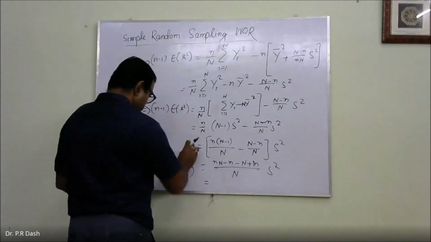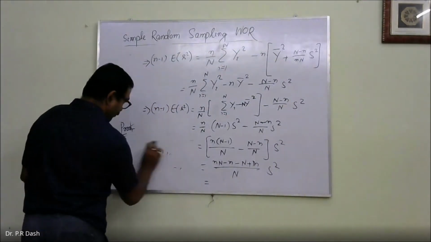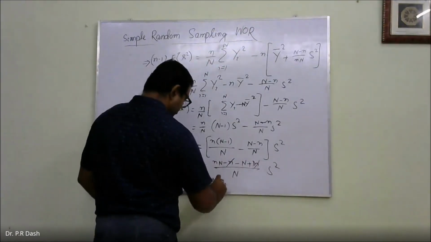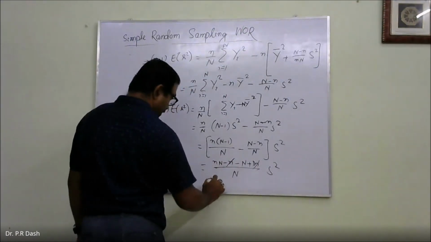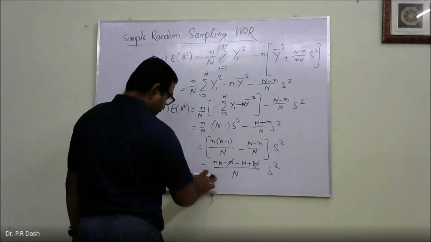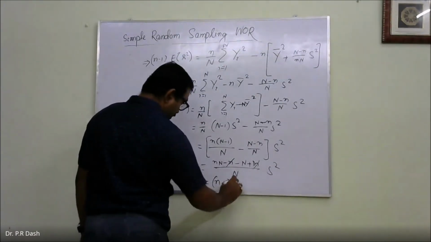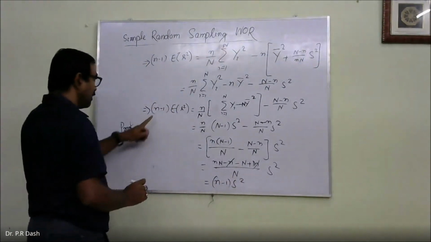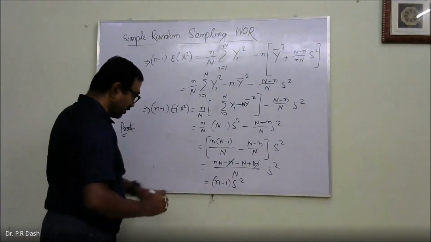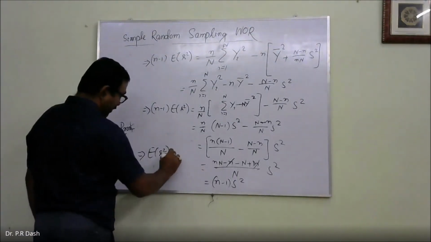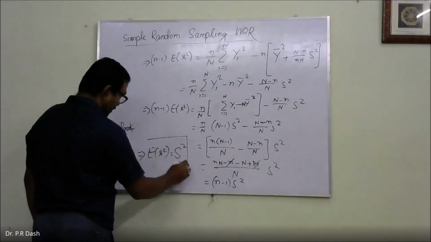So that is equal to, n cancels out. So this will be n minus 1 s square. So n minus 1 expectation of s square equal to n minus 1 s square. So expectation of small s square equal to capital S square.